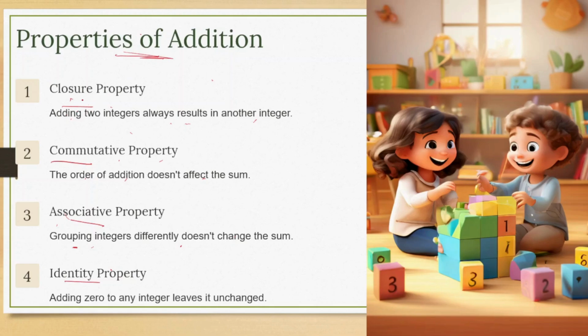Closure property is satisfied for addition, that is, adding two numbers always results in an integer. Let's look into an example. Suppose I1 is an integer, I2 is an integer, the result I3 is also an integer.